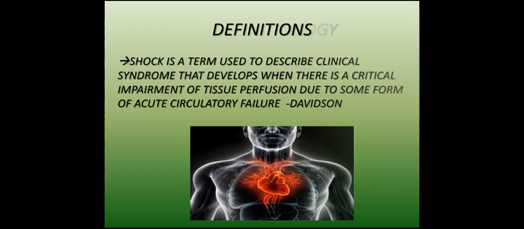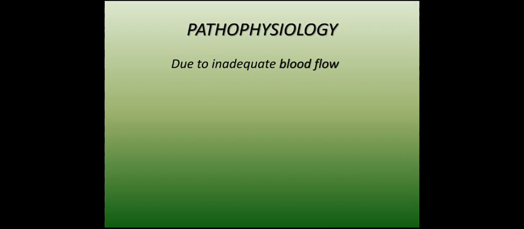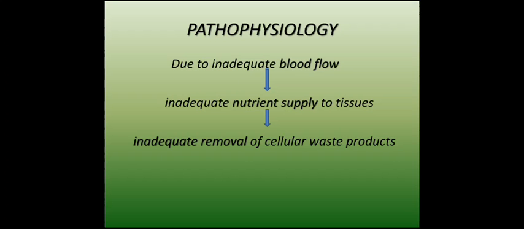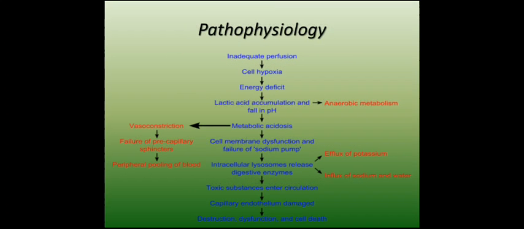Coming to pathophysiology, inadequate blood flow leads to inadequate nutrient supply to the tissues, which leads to inadequate removal of cellular waste products, and finally disruption of vital organ functions and death of the patient occurs. A detailed description of pathophysiology we'll see here. Due to inadequate perfusion, cell hypoxia occurs, which leads to energy deficiency, lactic acid accumulation and fall in pH.